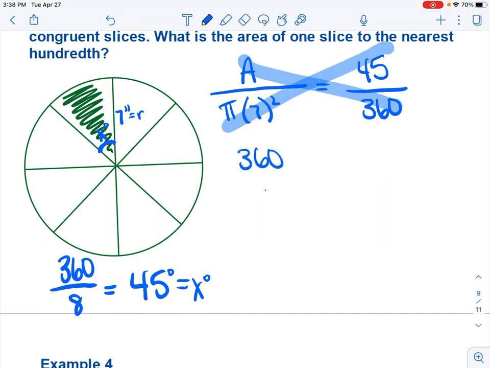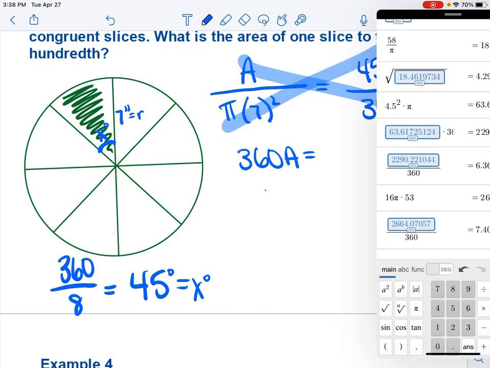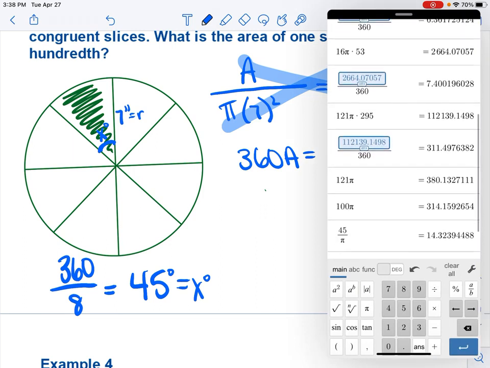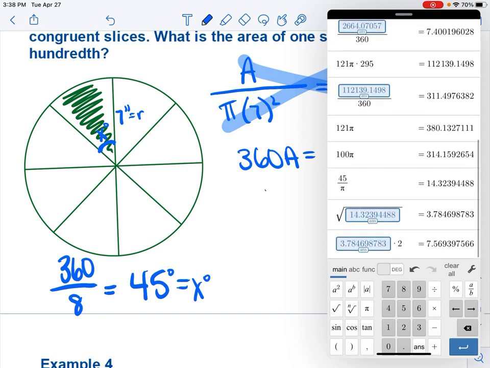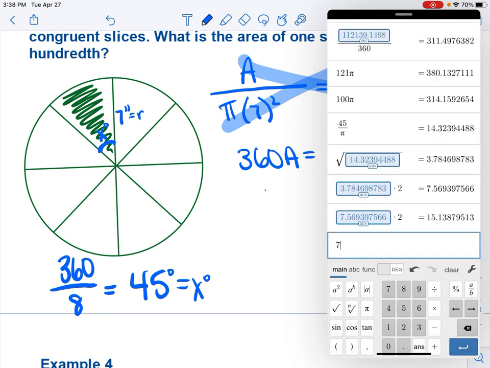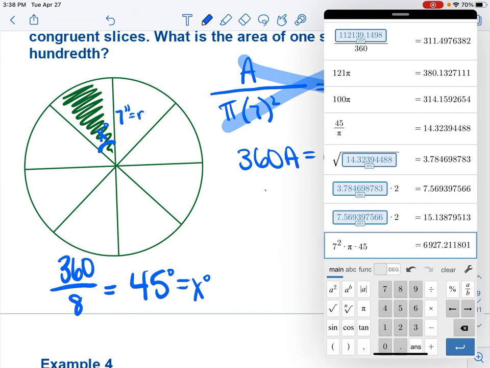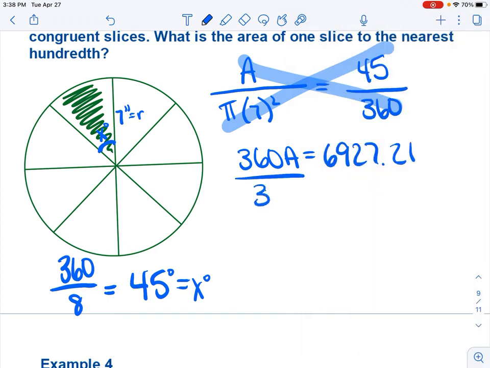Cross multiply: 360a is equal to 7 squared times pi times 45, which is 6,927.21, divided by 360.